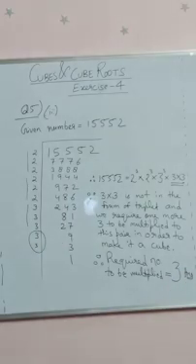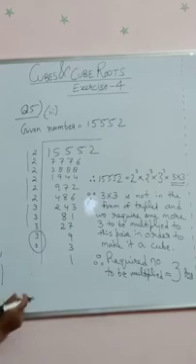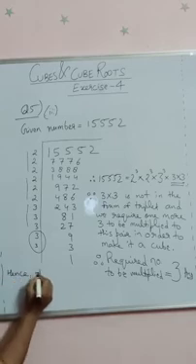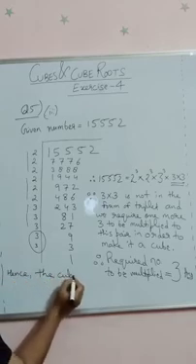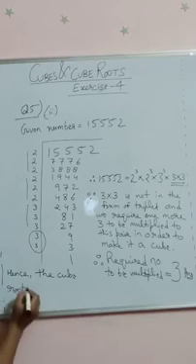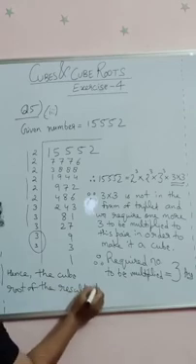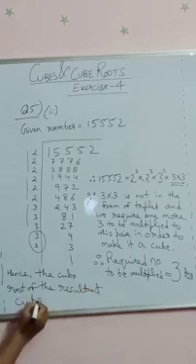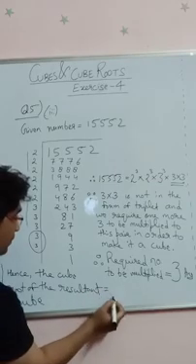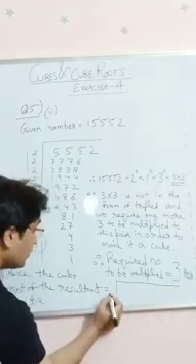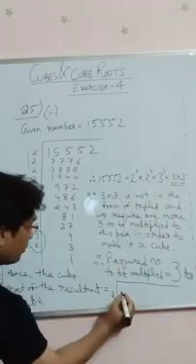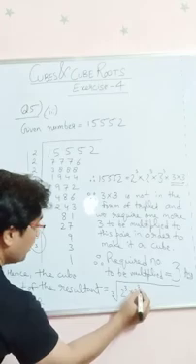The second thing which they are asking is, what will be the cube root of the resultant cube. So now we are going to write, hence the cube root of the resultant cube will be equal to the cube root of, we are going to write all these in form of cubes, 2 cube into 2 cube into 3 cube.